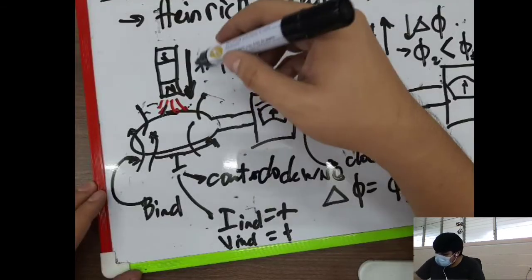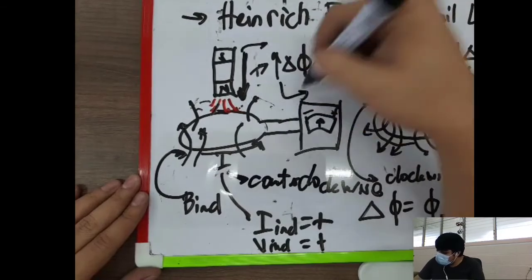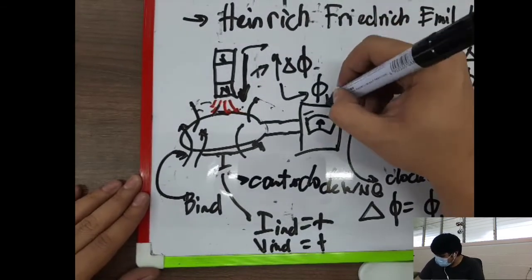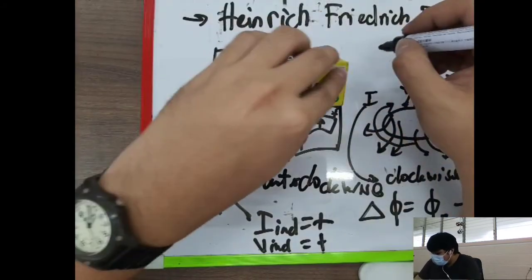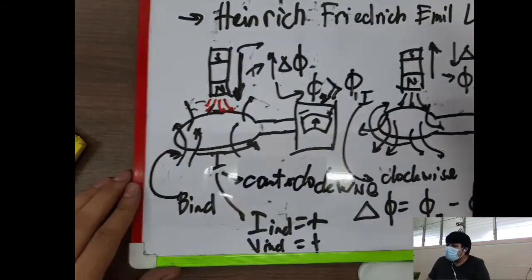And if it's going towards the coil, the magnetic flux felt by the coil after moving the magnet towards it will be greater than its magnetic flux before.